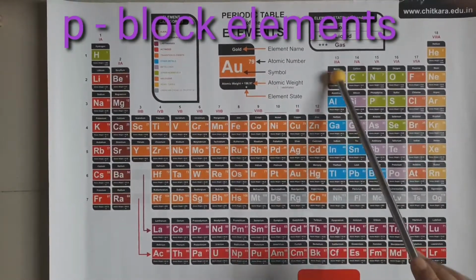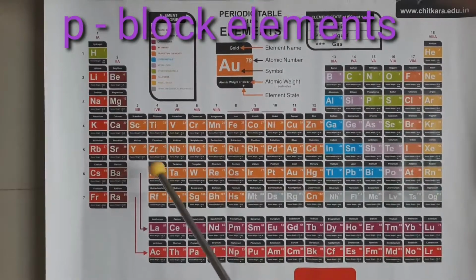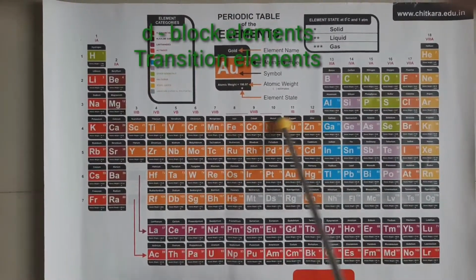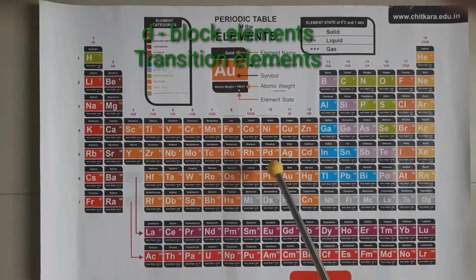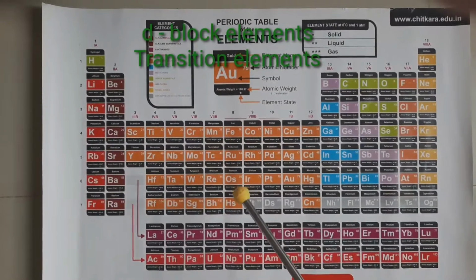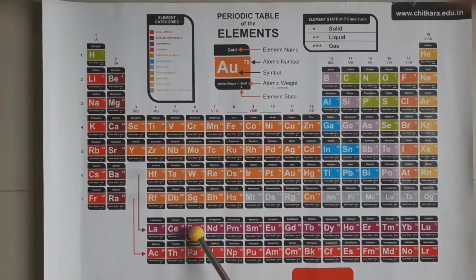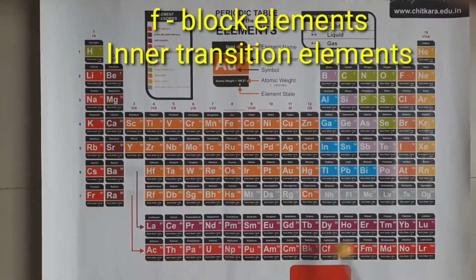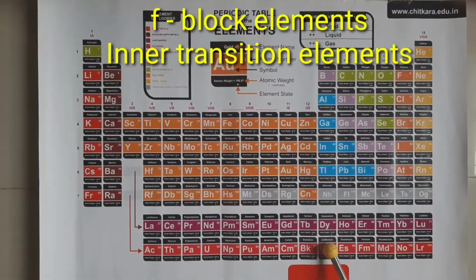Elements from group number 3 to 12 are called D block elements or transition elements. Elements placed at the bottom of the periodic table in the 2 horizontal rows are known as F block elements or inner transition elements.